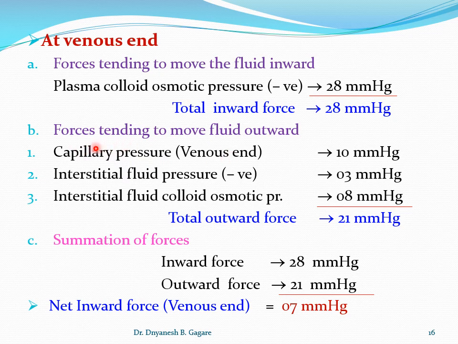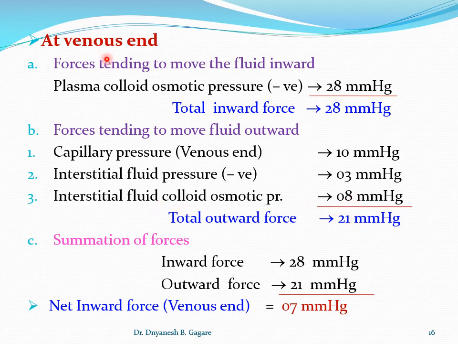Then the outward forces tending to move the fluid outward. At the venous end, capillary pressure is 10 millimeter of mercury. Interstitial fluid pressure is 3 millimeter of mercury. It is negative, but it works as an outward force. And here the interstitial fluid colloid osmotic pressure is 8 millimeter of mercury.